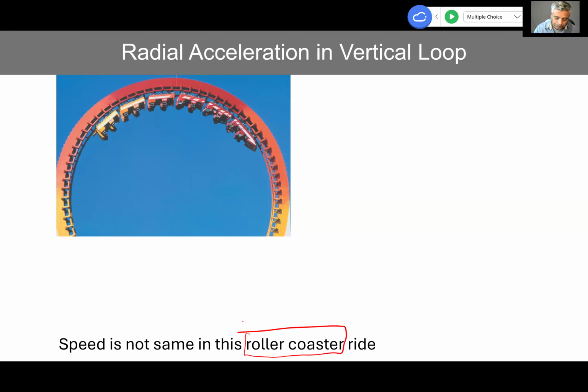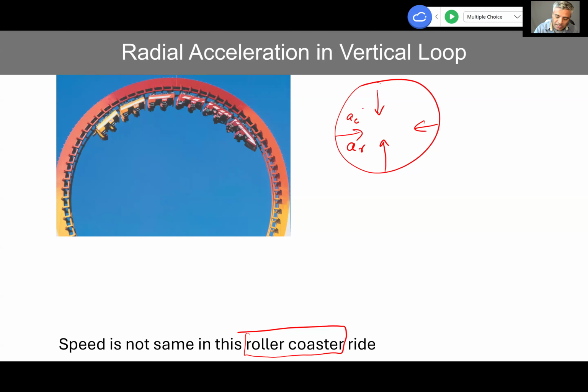So what changes then? Even when speed is changing, just like we talked about in the very first slide of this class, we can always have a radial acceleration pointing towards the center of the circle, always. We denote that by a_r, or sometimes you may see a_c, c for centripetal, okay?